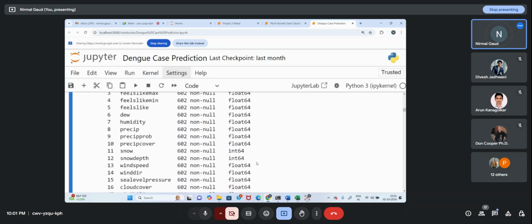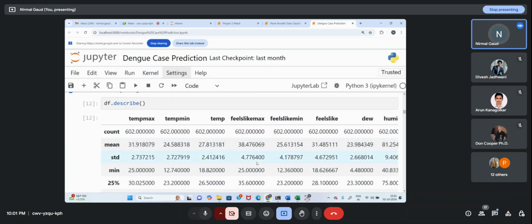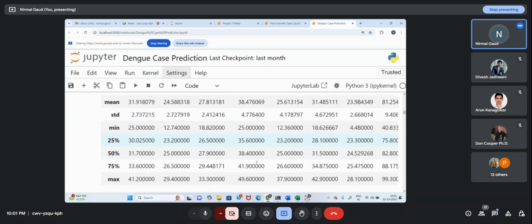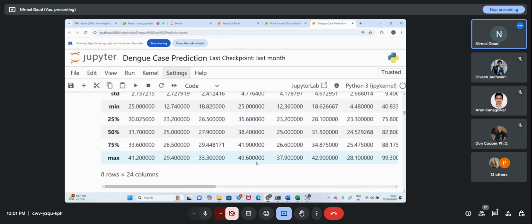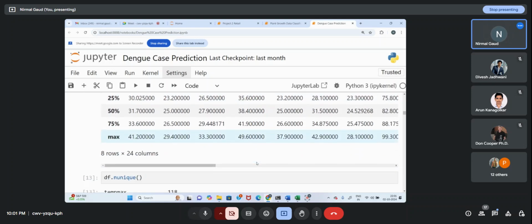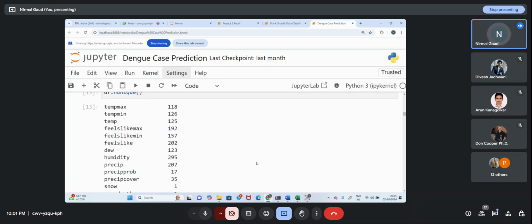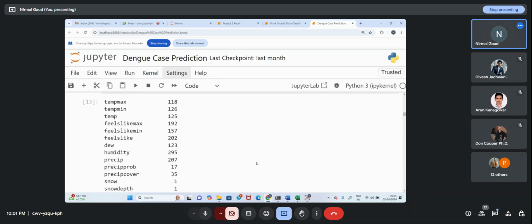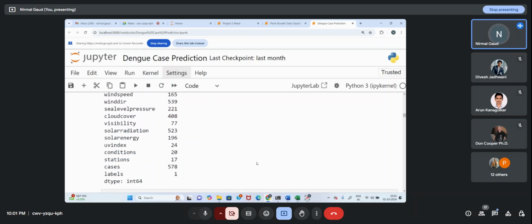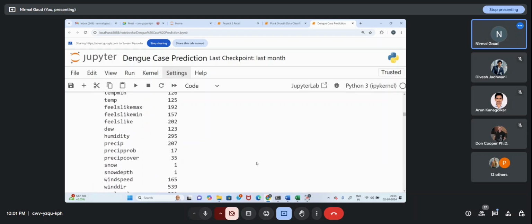I also printed the description, the statistical description: count, mean, standard deviation, minimum, maximum, everything. These are the numbers of unique values present in the data. Since we have numerical columns, they are mostly unique.